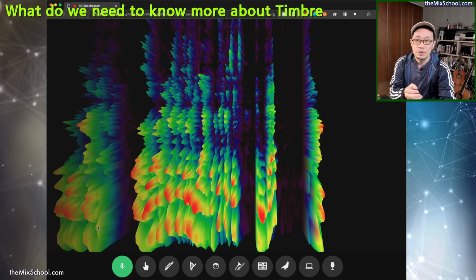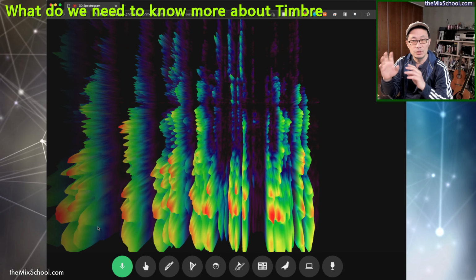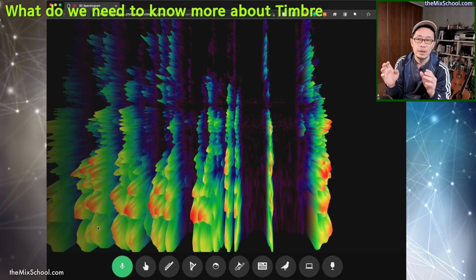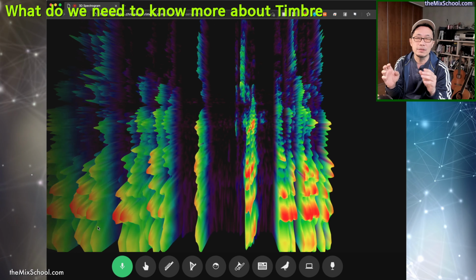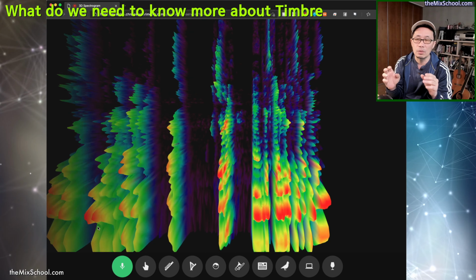Just like you see on the graph, you make things shorter and get rid of certain things or boost certain things. It is about changing the timbre. I hope you understand my talk.